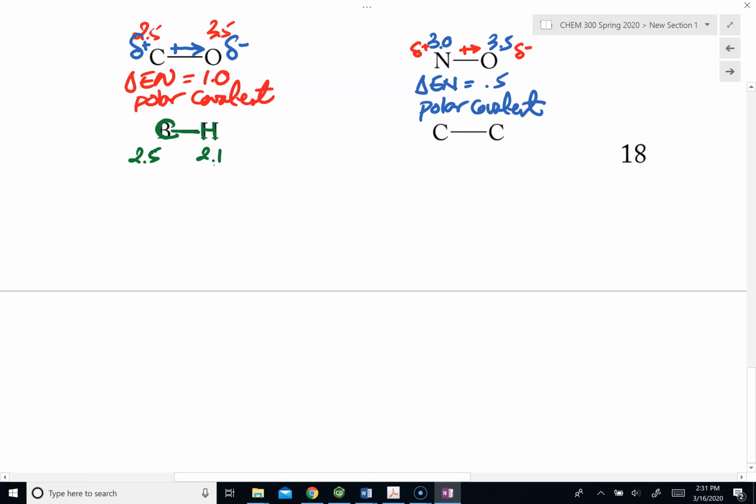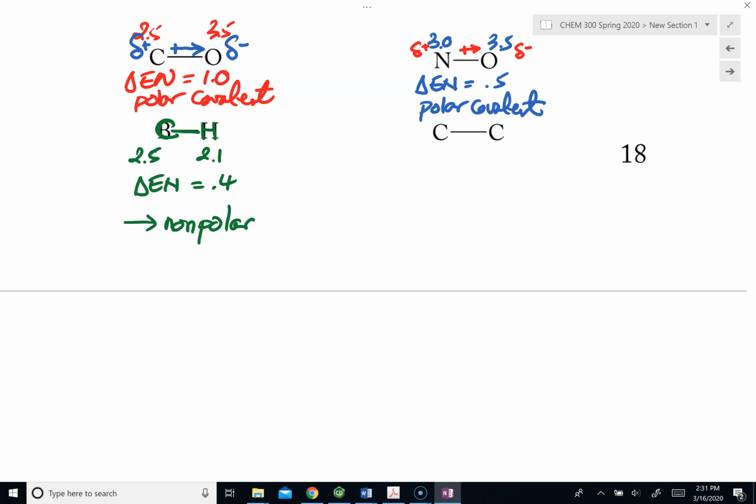So in this case, the difference in electronegativity is 0.4, which is basically at the borderline between polar and nonpolar. But for the most part, we will consider this bond to be nonpolar. So remember that if it is from 0 to 0.4, it is nonpolar. If it's 0.5 or higher, then it will be polar.